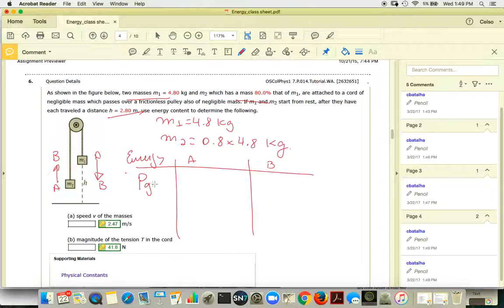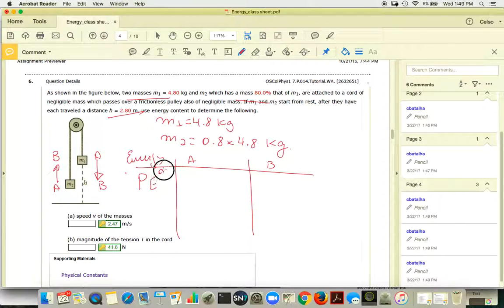P, E, G. Gravitational potential energy. So you have two objects in the system, so you have to include them all together.